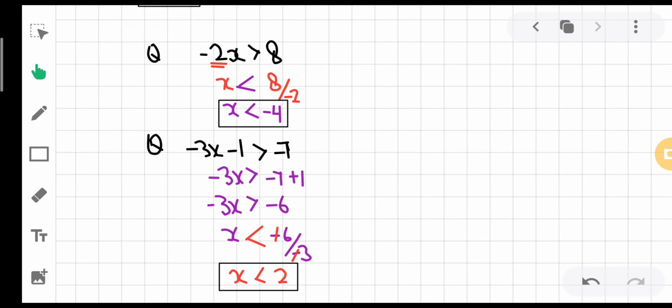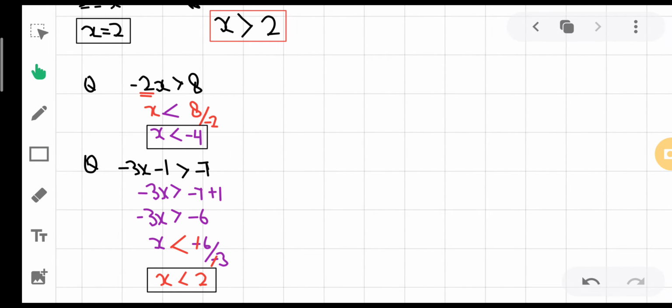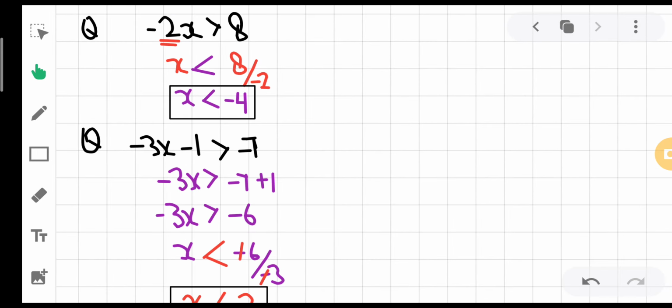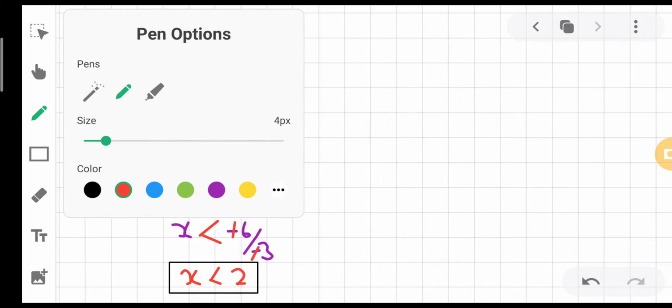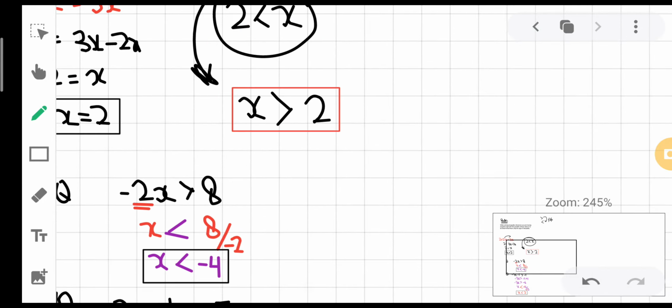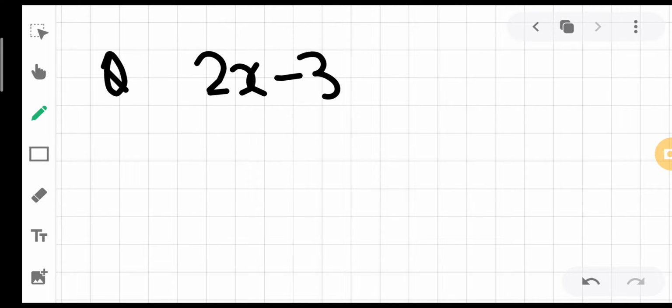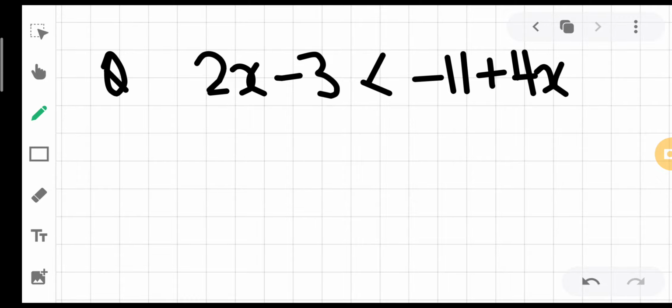So hopefully after going through the following two cases, the introduction of the following property is clear. Let's discuss a detailed question for the following situation, so that all of you will be clear. Let's say the question is like this: 2x - 3 is equal to -11 added with 4, for example 4.